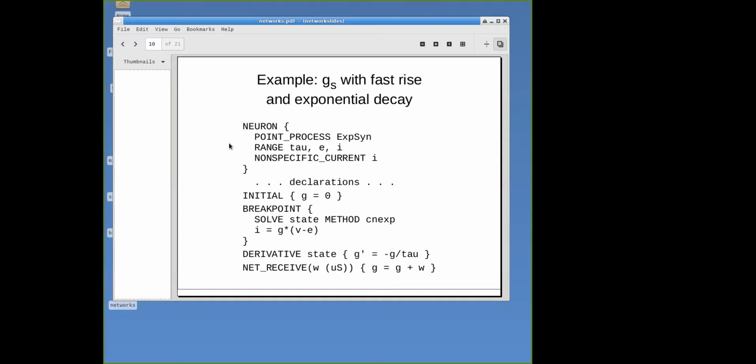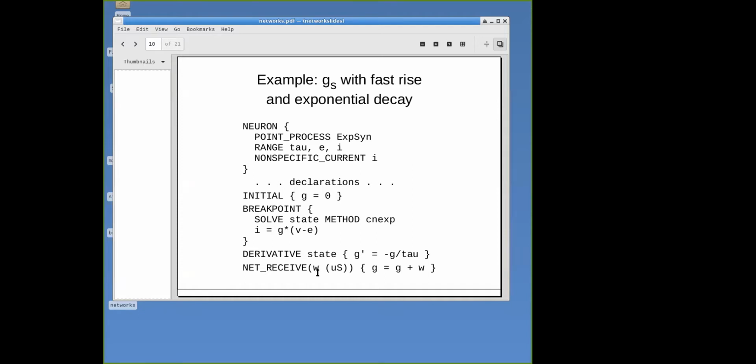Okay, so this is a very simple mechanism, and it's initialized so that at initiation, its conductance is 0. So this is the conductance you would expect such a synapse to have at time t equals 0 if it hasn't received any inputs for a long time. All right. It has this net receive block that says what happens when an input event arrives.